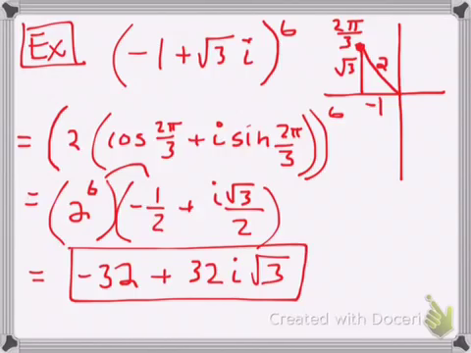Again, the answer for a complex number has to always be written in standard form for a complex number. Good enough? This is not too bad, right? Y'all okay with this?